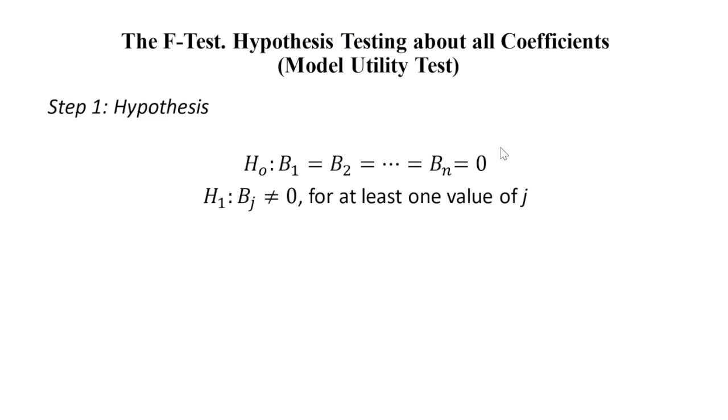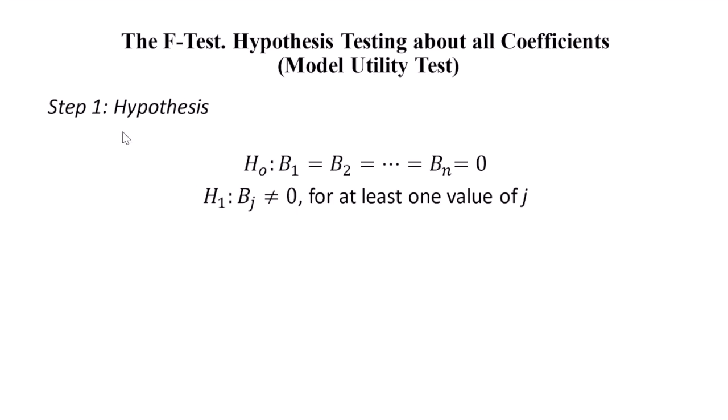A regression model with no independent variables is known as an intercept-only model, because it only has the intercept without any independent variables. This also means that there is no linear relationship between all of the independent variables and our dependent variable.